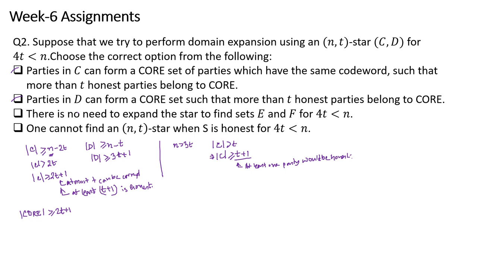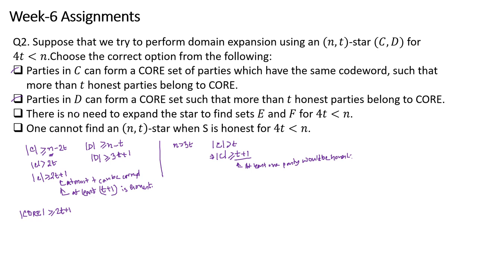So each party Pi assigns correct value to its element Cii only if there is honest majority in the set core. But if it is not, then we cannot apply that property. That's why for n greater than 3t condition, any CD in the NT star graph did not have the sufficient cardinality to be considered as core.